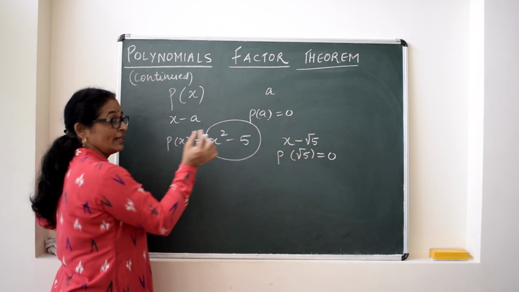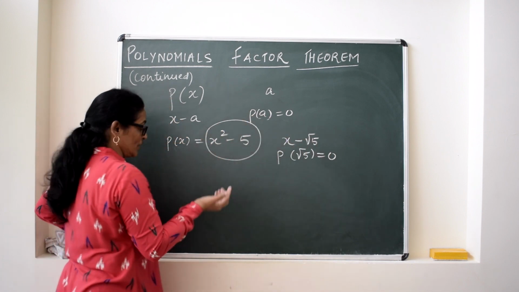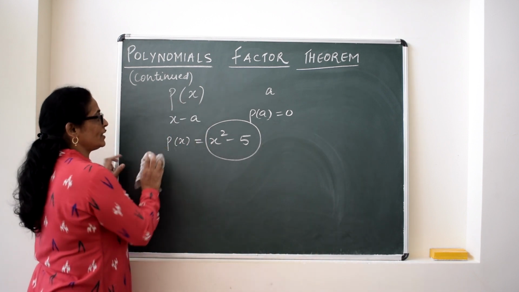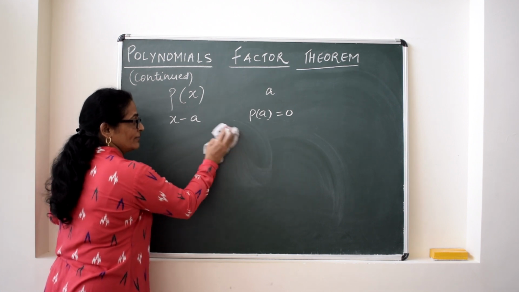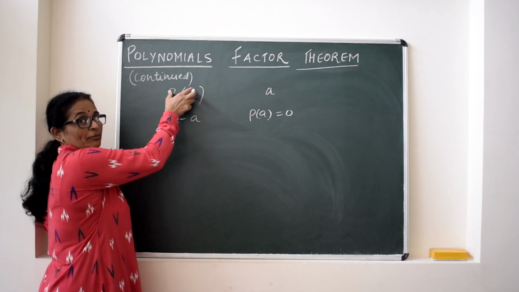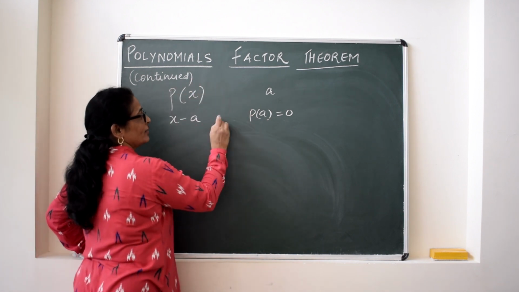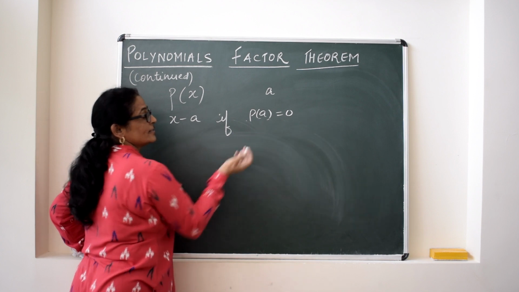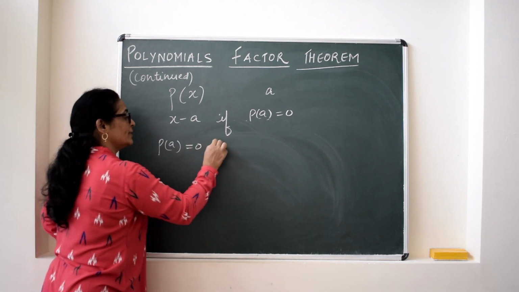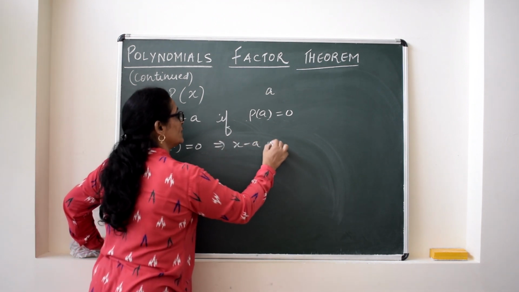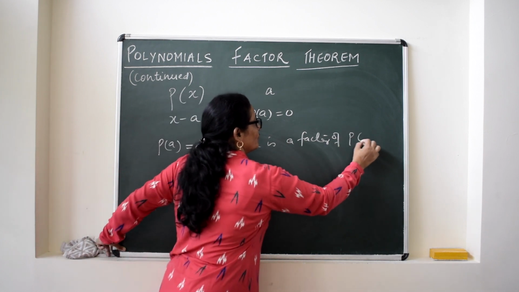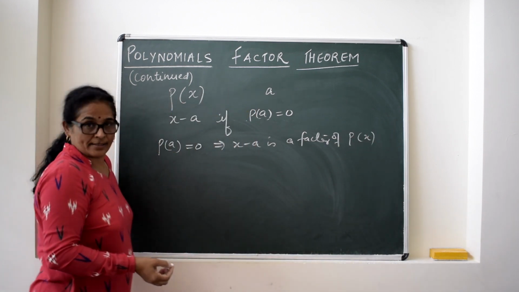Like this, the factor theorem says for any real number a, we have to check whether x minus a is a factor of the given polynomial p of x: if p of a is 0, then x minus a is a factor of p of x.